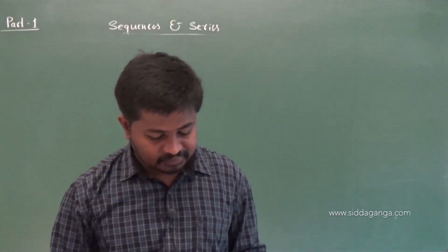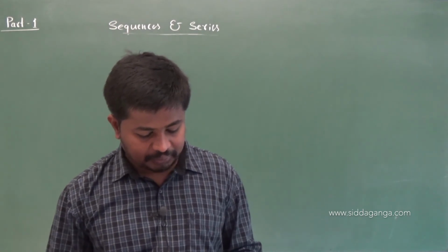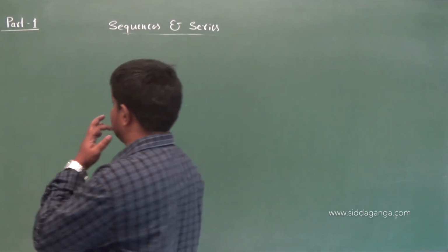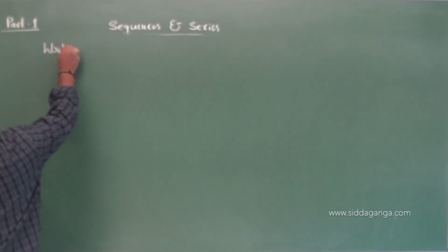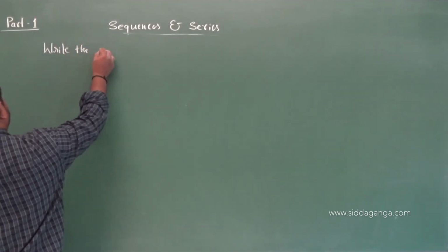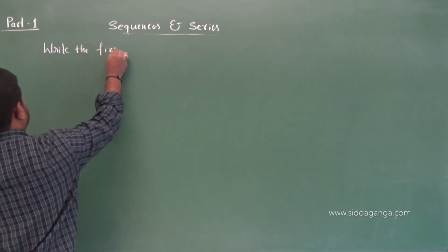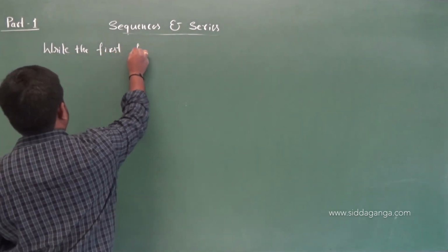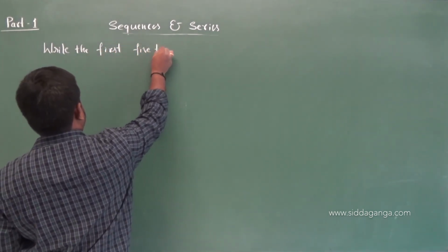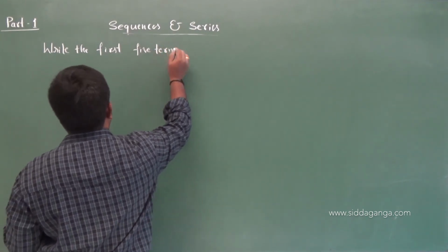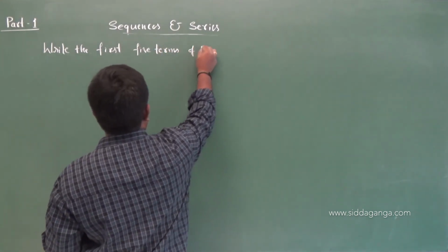Write the first 5 terms of each of the following sequences and obtain the corresponding series.